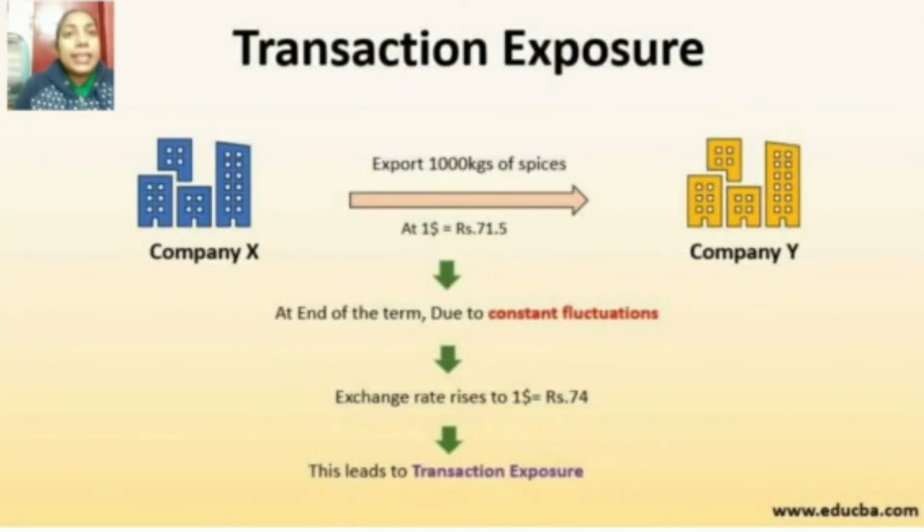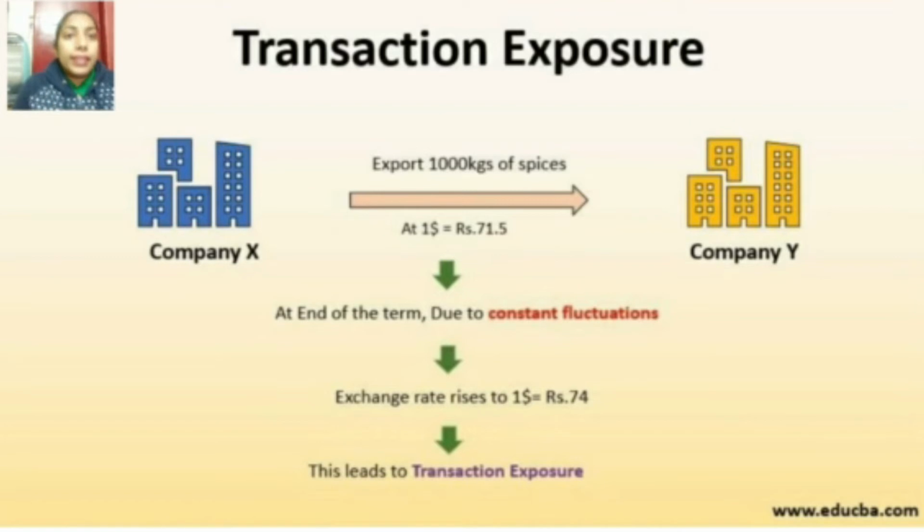Now, let's take an example of transaction exposure. Suppose there is a company X and a company Y. Now, company X is exporting 1000 kgs of spices to company Y. At the time of the contract, the exchange rate was $1 equals rupees 71.5.